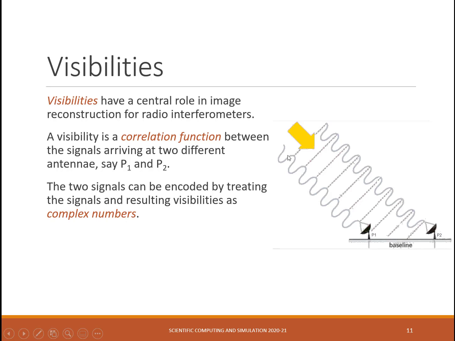We define a complex function called visibility. A visibility function formulates the correlation between the signals arriving at any pair of antennas. In the following slide, I will explain how we can obtain the visibilities between antennas.